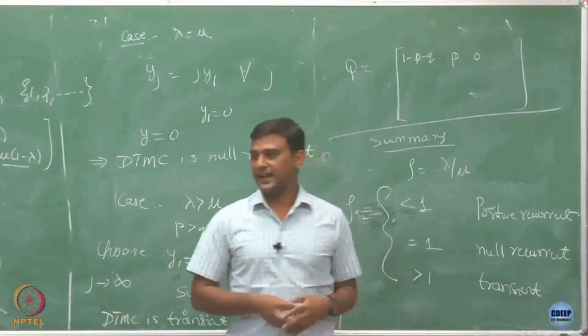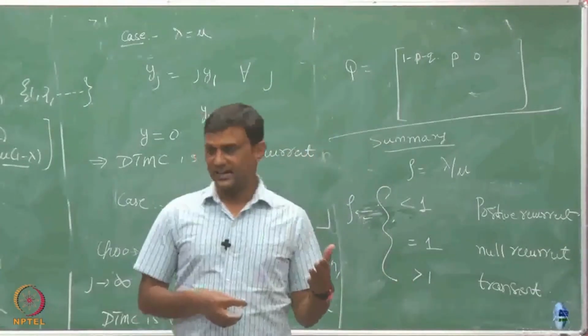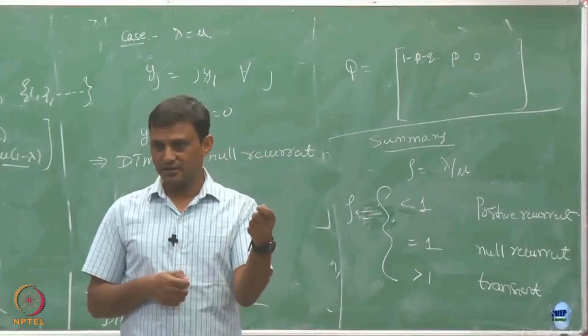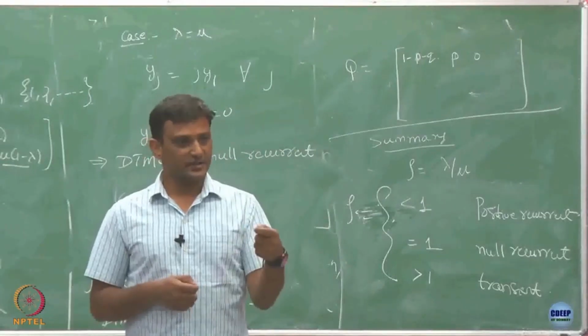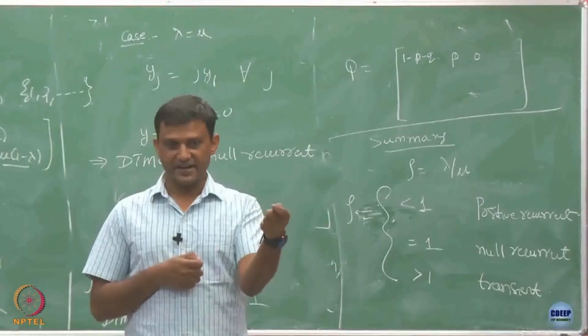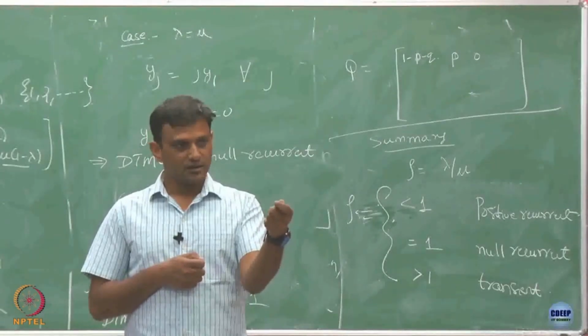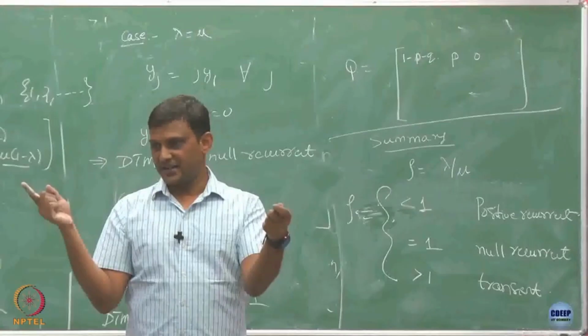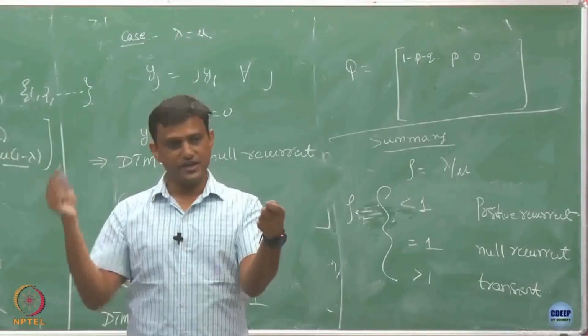So what is transient implying here? Transient is implying you start from any state, you don't come back to that state. So you start your system in any finite state, that means you will not come back to that finite state again. That means you are going to explode.